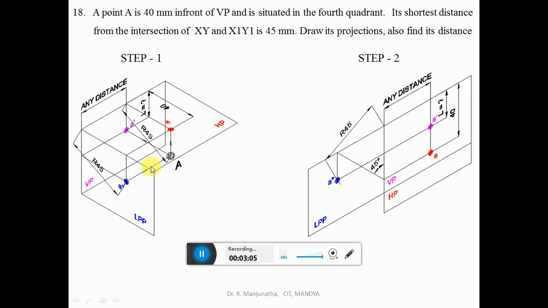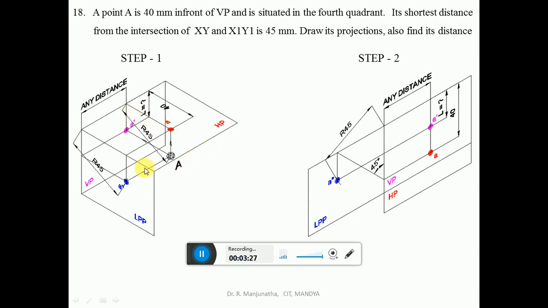So naturally the distance in front of VP, which was here, will come into effect. When LPP is rotated to the left side and the HP down, the distance in front of VP, which is vertical here, becomes horizontal when rotated.